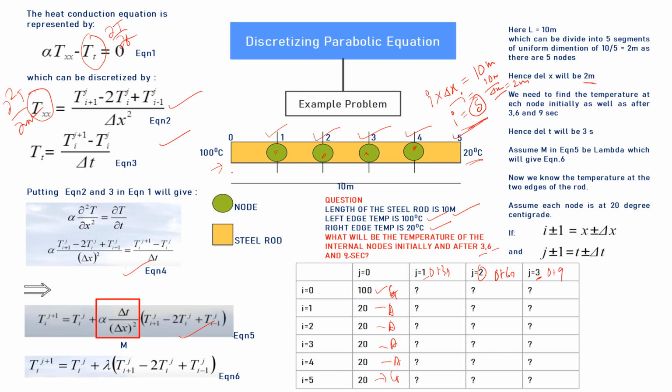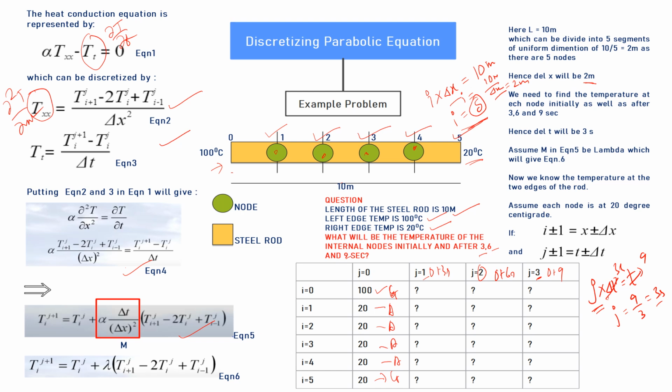Here also, as you know, j into del T is equal to the total time T. So if I know that this T is 9 and this del T is 3 seconds, then the segment of time scale will be j is equal to 9 by 3 seconds.